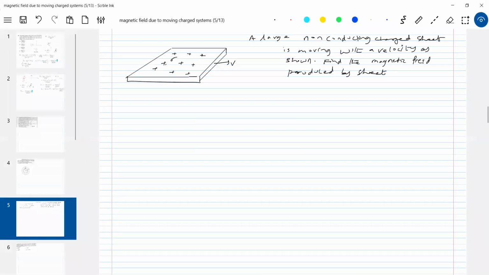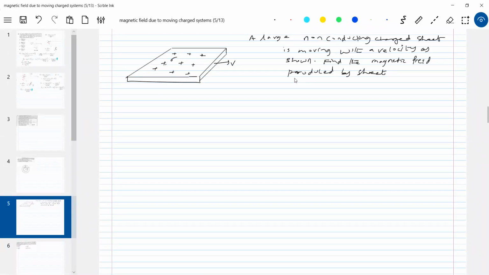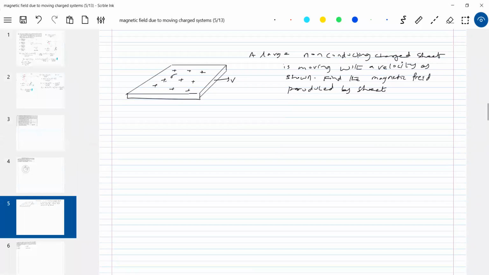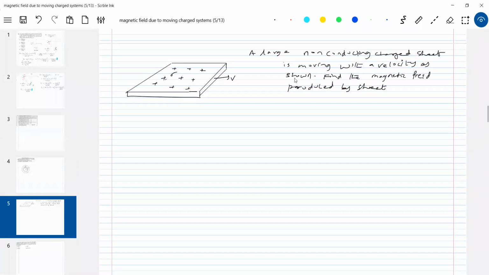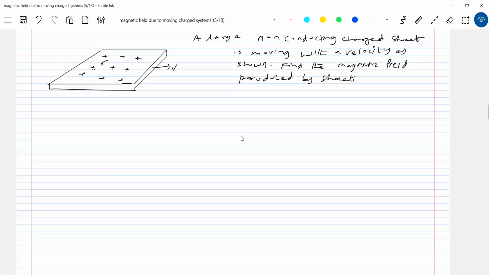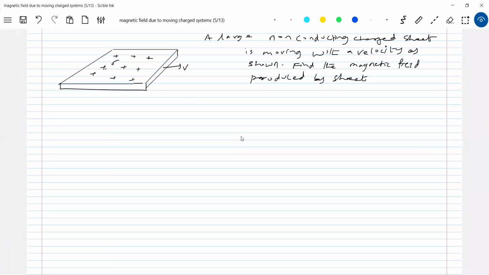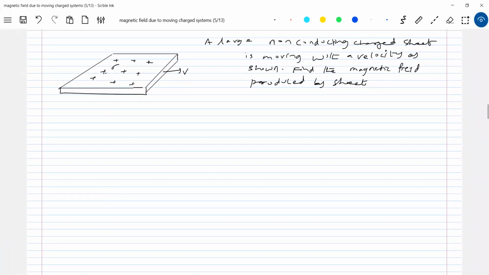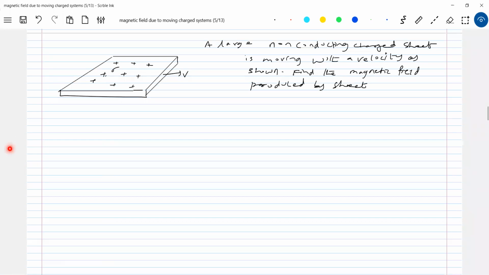Okay, now come to this. After this moving charged particle, I'm bringing a non-conducting charged sheet. It is a charged object. So what is the field produced by this one? When a moving charge produces a field, definitely a non-conducting sheet can also produce one. The charge density is equal to sigma.